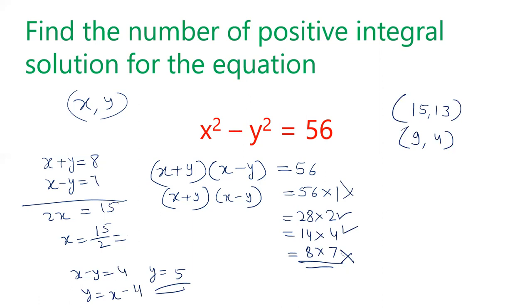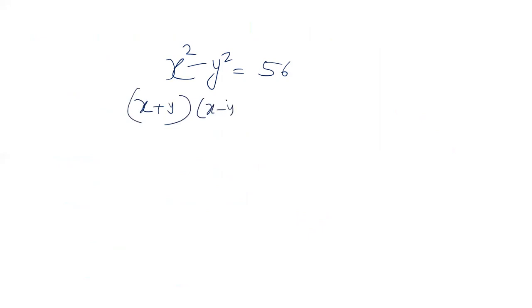Now we can also consider this in a general way: x square minus y square equals 56. As we have done, x plus y times x minus y equals 56, and we have just seen that the factors of 56 have to be either both even or both odd.